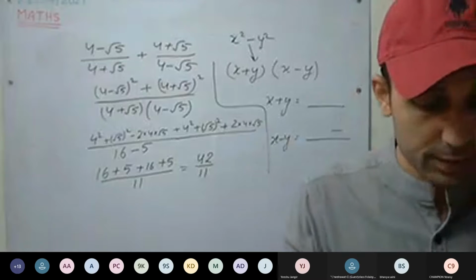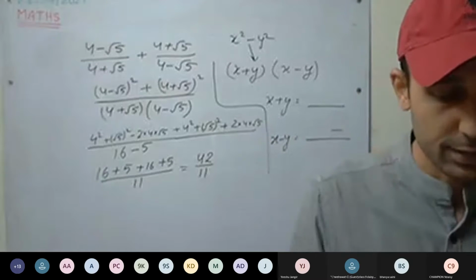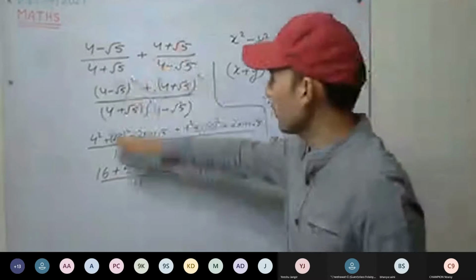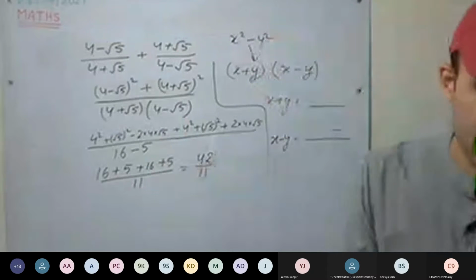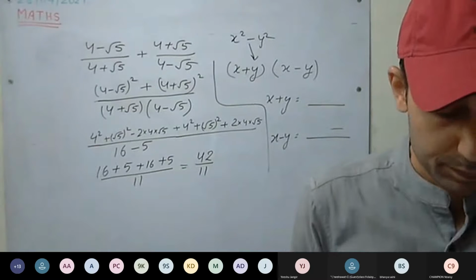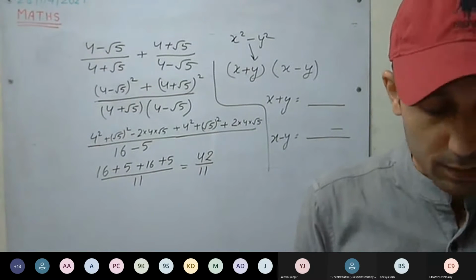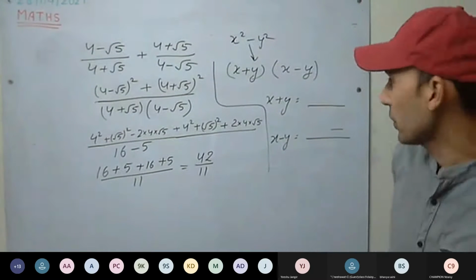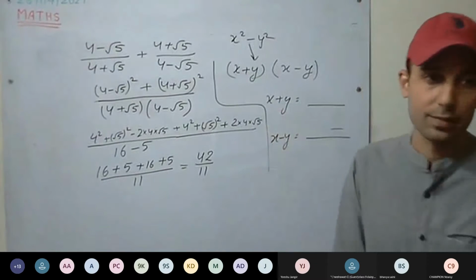See here, the denominators are a minus b, a plus b. The same way we have done the 14th, it is the same for the 15th. Solve it and tell me what will be the answer for x plus y.